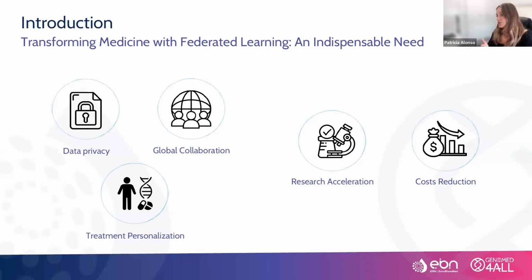Federated learning allows data to remain on local devices, on local places, in a single hospital, the hospital where the data was generated, without the need to be transferred to a central server or to another hospital. This way, security and privacy risks are mitigated.